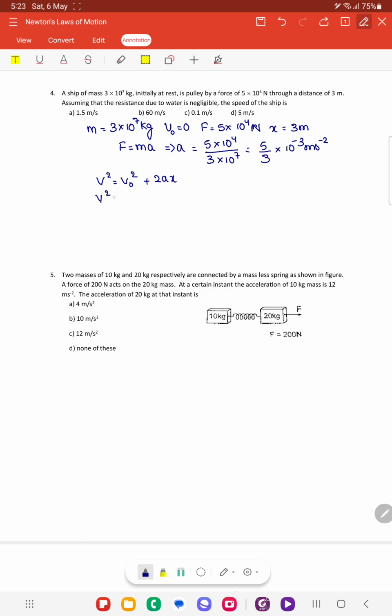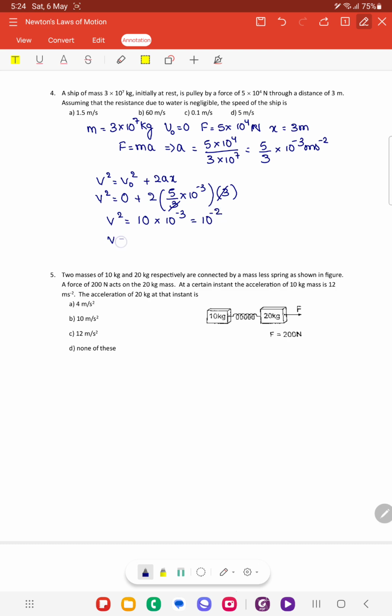So, V square is equal to 0 plus 2, acceleration is 5 by 3 into 10 raised to minus 3 meter per second square, the distance is 3 meter. So, 3 gets canceled. So, V square is equal to 2 into 5 is 10 into 10 raised to minus 3, which is equal to 10 raised to minus 2.